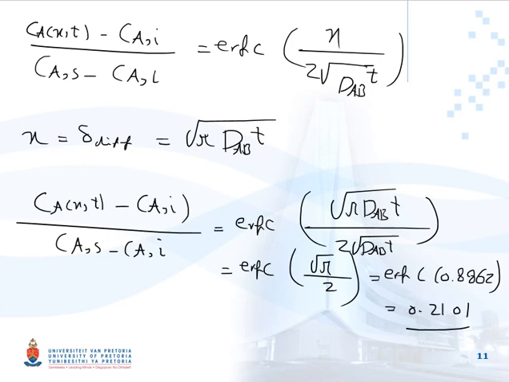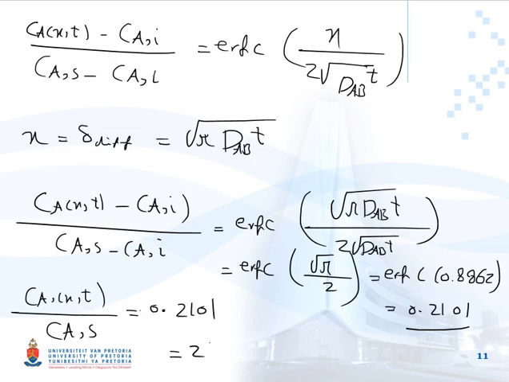So basically CA(x,t) divided by CAS will be 0.2101, so basically it is 21%. Okay, that's basically it.